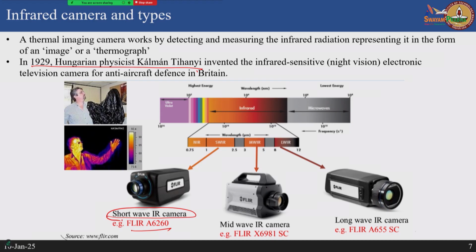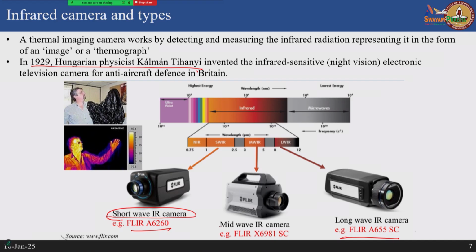For example, the one that is shown here, FLIR A655SC, is a long wave IR camera that we have. It detects the infrared emission, particularly in the long wave bandwidth from 8 to 12 microns. As I said, this is a band where the atmospheric transmission is very high for the infrared, and therefore, these detectors are tuned to operate particularly in that bandwidth.